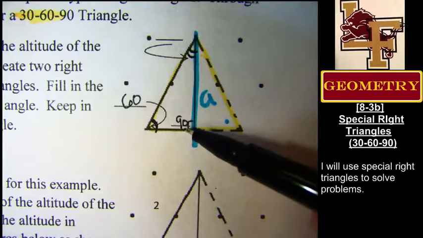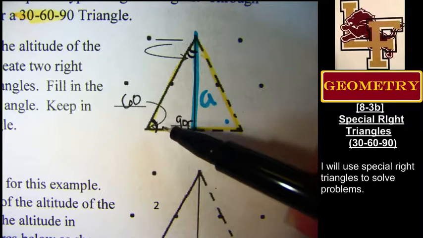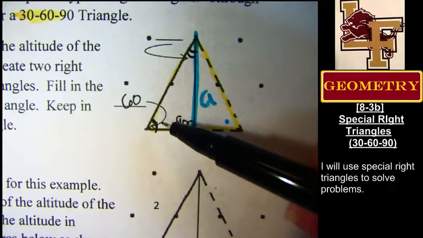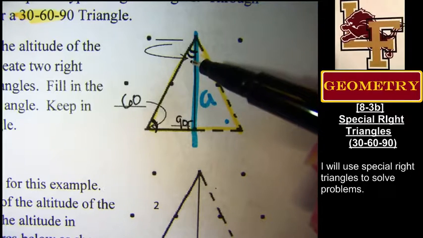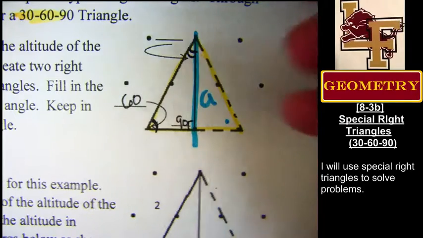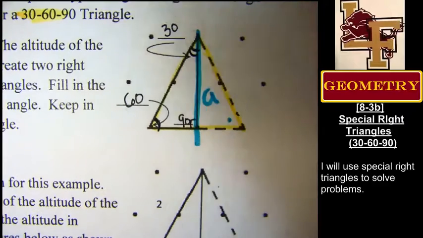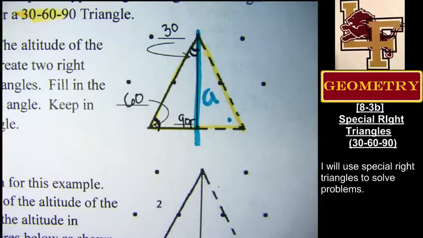Because I already have 90. 90 plus 60 is like 150. In order to get to 180, it needs to be 30. So this angle here is 30. That's how we're creating these 30, 60, 90. It's as if I started with an equilateral triangle and chopped it in half, because I'm a ninja.